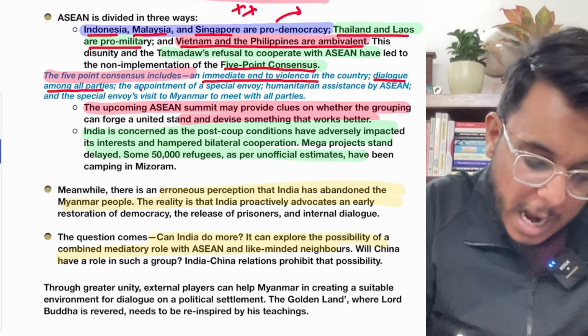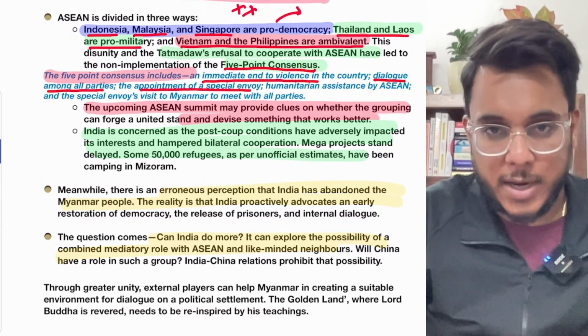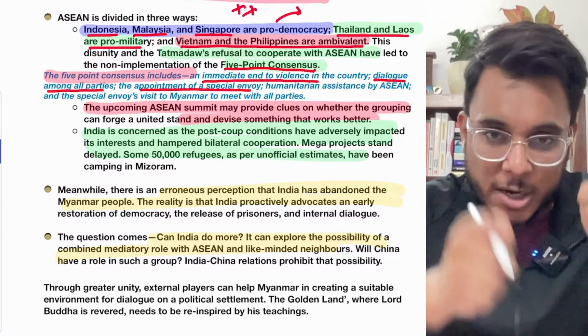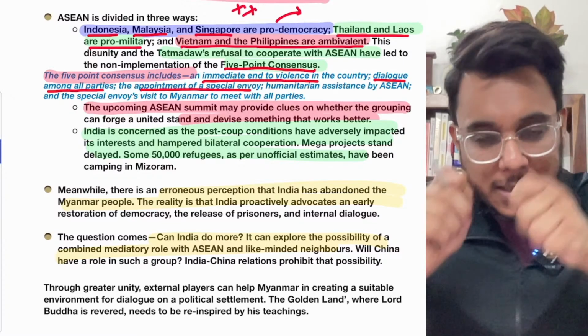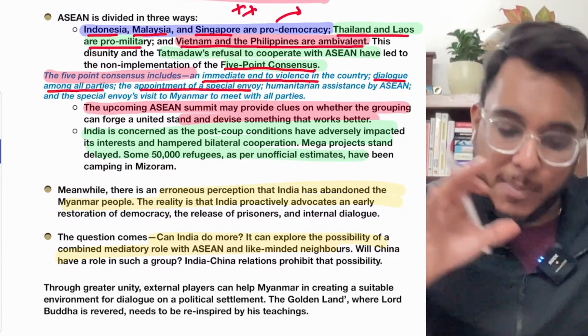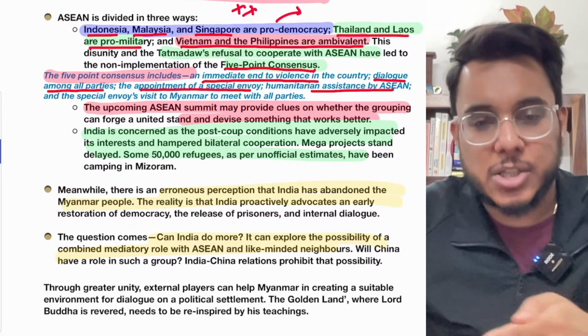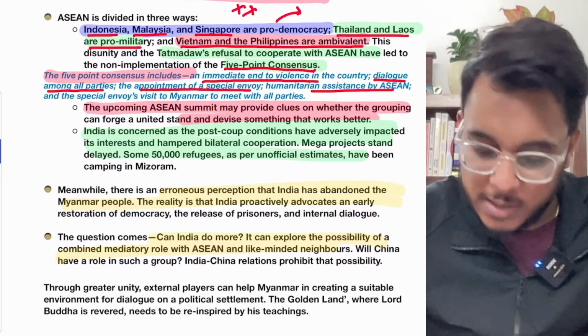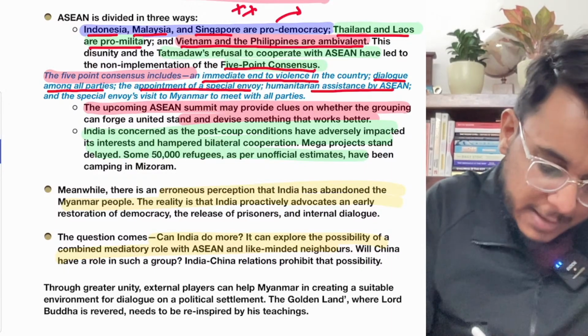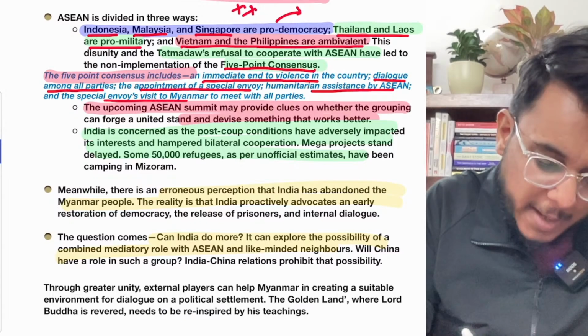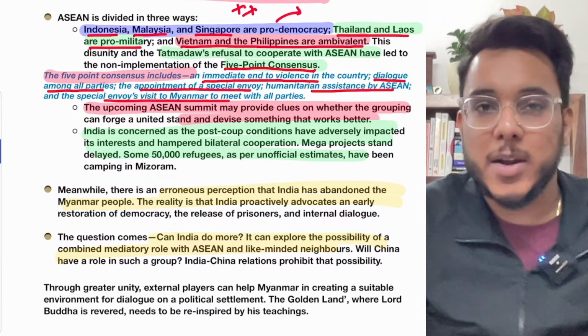Then the third is appointment of a special envoy who will negotiate the peace between the opposition and the military. Then humanitarian assistance by ASEAN, food assistance, monetary assistance, all such kinds of assistance are to be given. And then the special envoy's visit to Myanmar to meet all the parties.